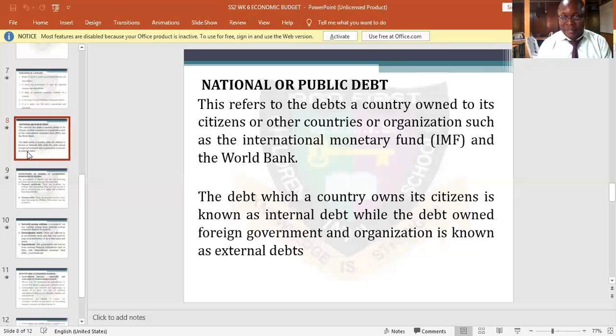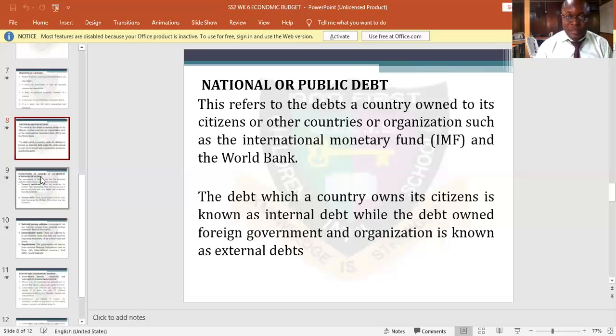But a debt that the country is owing a foreign government, like Ghana, if Nigeria is owing Ghana, that's external debt, or USA or Russia. So that is external debt.